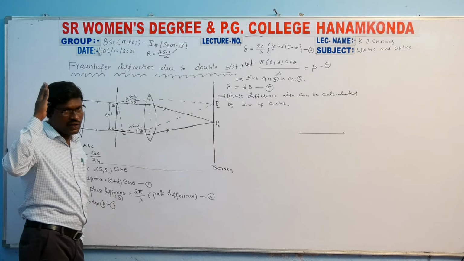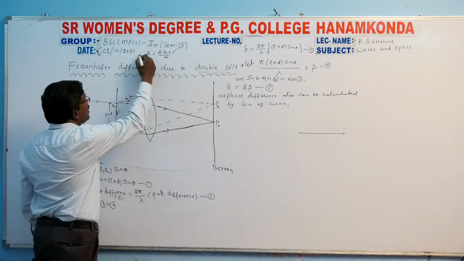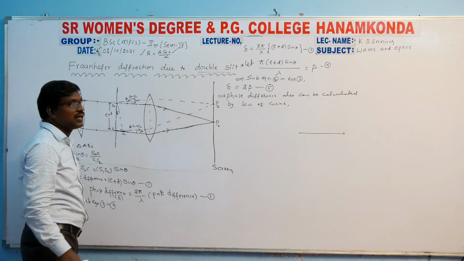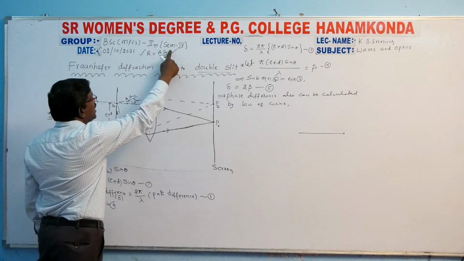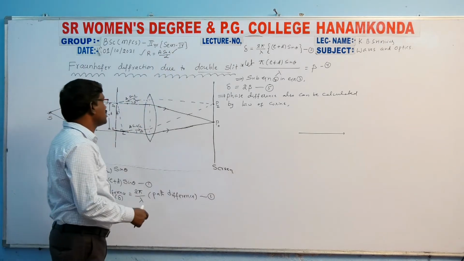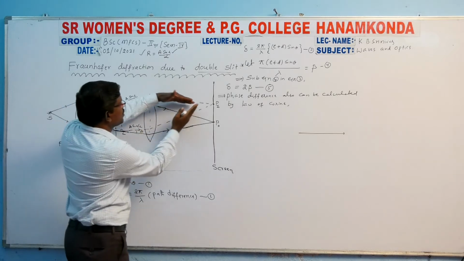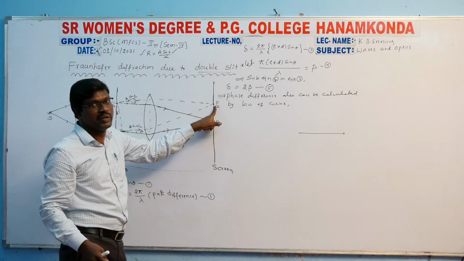So just remember Fraunhofer diffraction due to single slit. In that derivation, finally we derived the resultant amplitude due to single slit as A sin alpha by alpha. These two amplitudes superimpose on each other and form a resultant at P1.